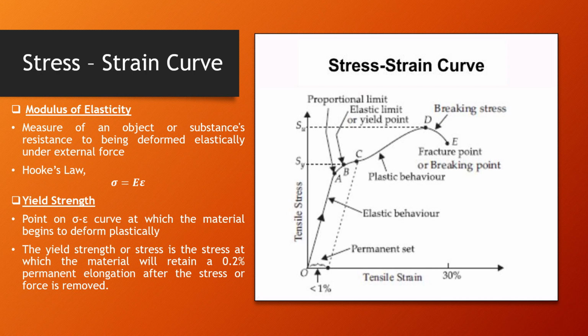For some ductile materials, it's 0.2% elongation because the plastic deformation and the elastic deformation are very hard to differentiate. However, there are materials where you can locate the yield strength more easily, and in those cases, it's just the point after which you see plastic deformation.